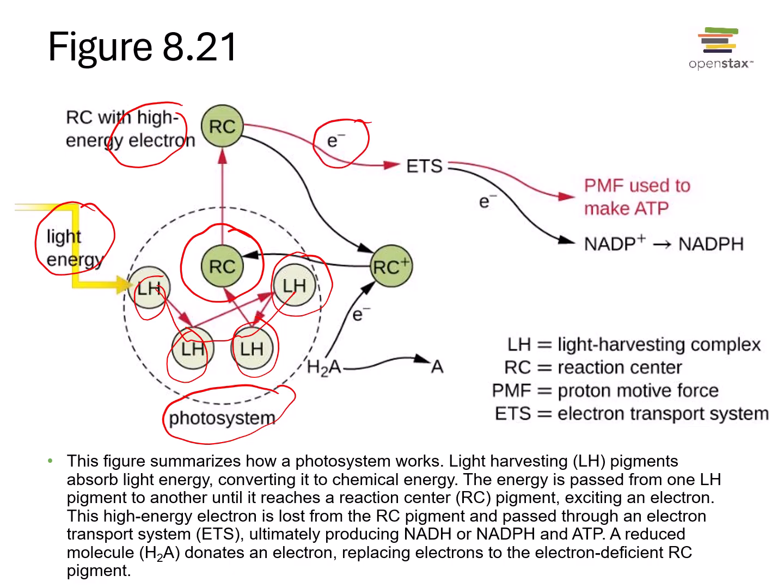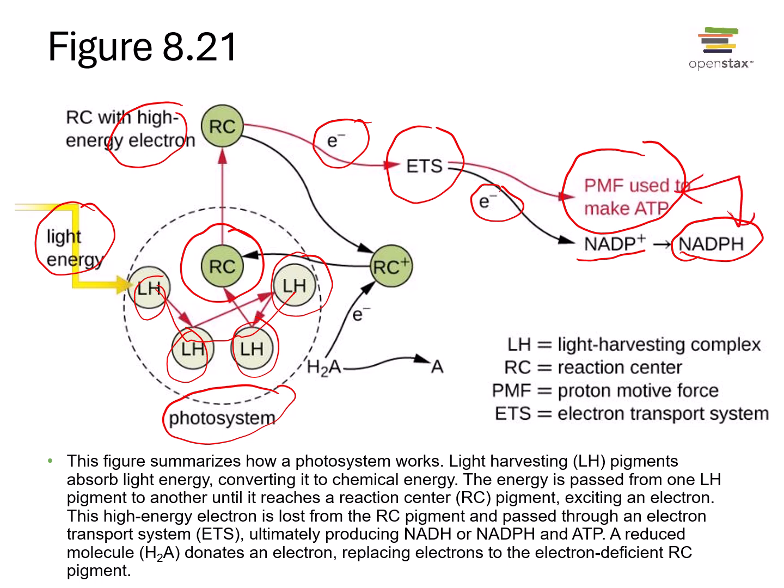That electron is passed to an electron transport system, and there will be a proton motive force generated, just like we saw in the electron transport chain previously, and the electron will eventually be used to reduce NADP+ to form NADPH. These two are going to be used to power the Calvin cycle later on. We're also going to see that this reaction center lost its electron, so that electron will later need to be replenished.